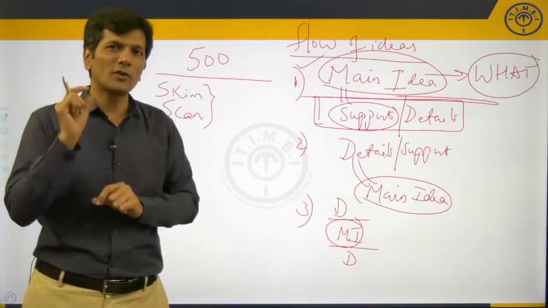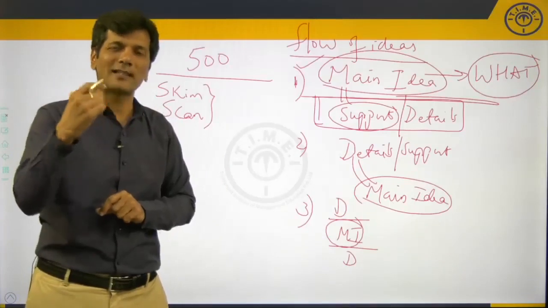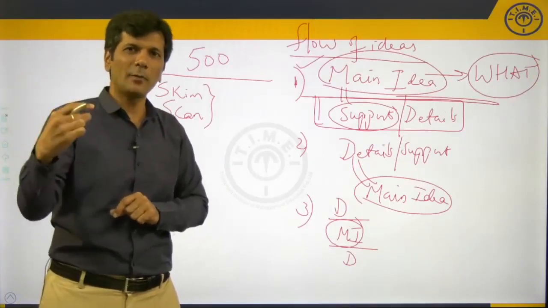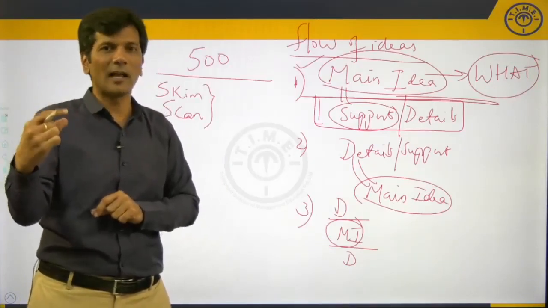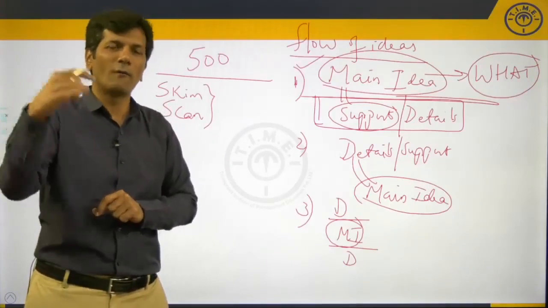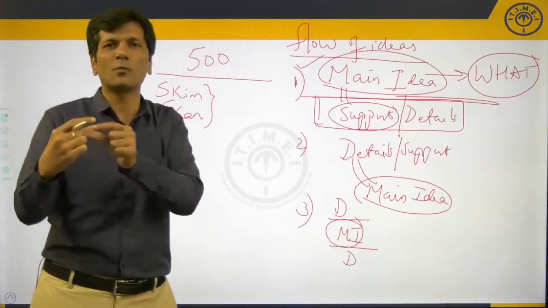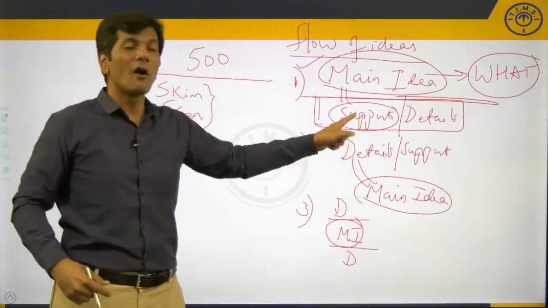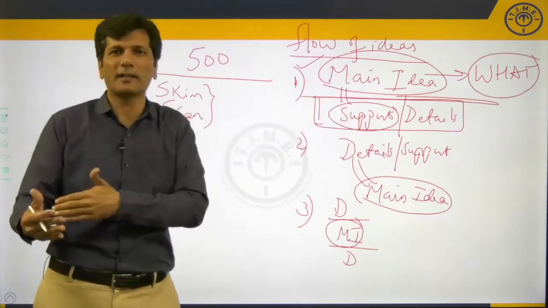You're just trying to spot some keywords in sentences that will help you rationalize and come to a conclusion whether this particular sentence would be a supporting detail or a key point.